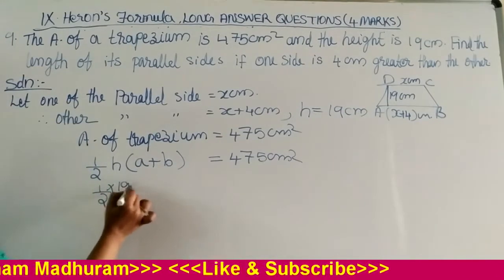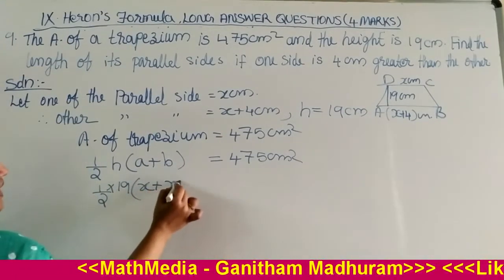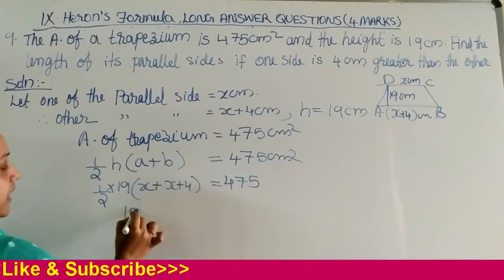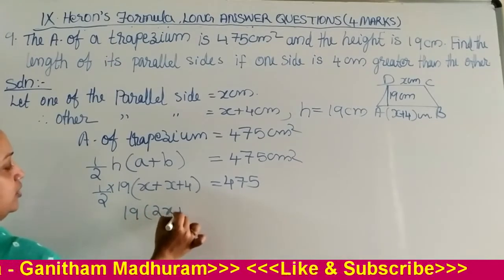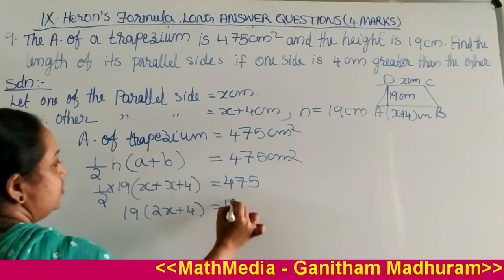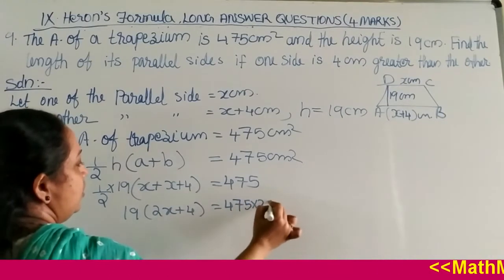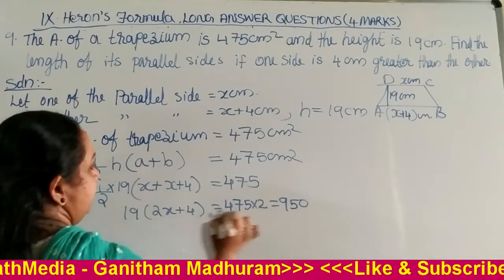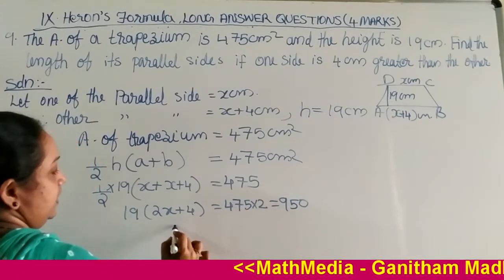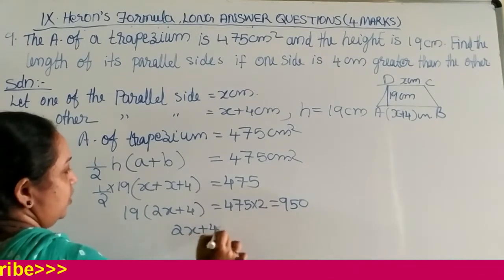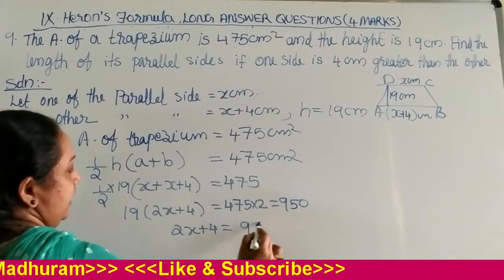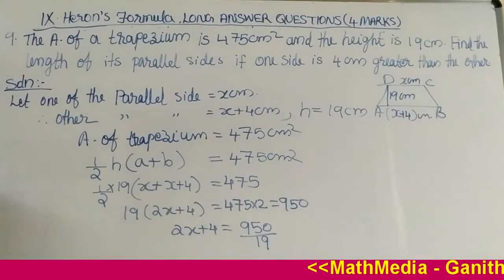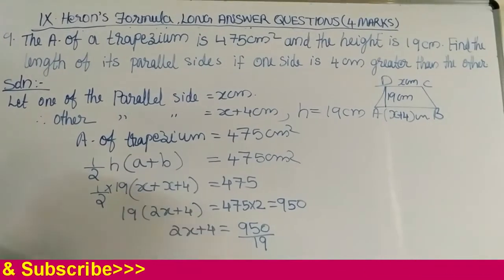So half into 19 into x plus 4 plus x equal to 475, or 19 into 2x plus 4 equal to 475 into 2 equal to 950, or 2x plus 4 equal to 950 divided by 19.